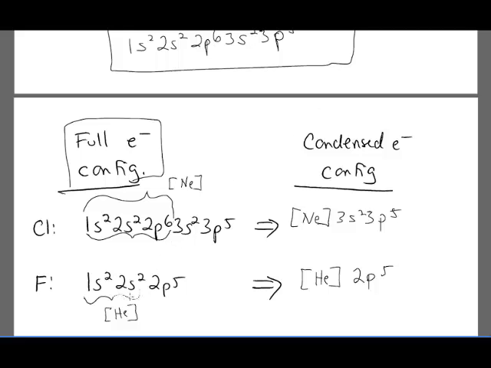Helium is only the 1s. The 1s is helium. And so the 2s and the 2p need to be written here. So I will fix that. What's beyond the helium is 2s2, 2p5.